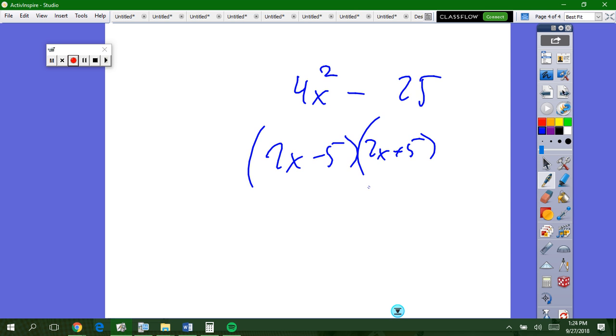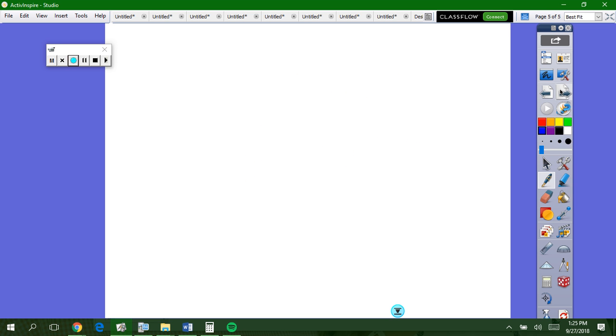All right. The next thing, though, we might want to know for Monday. Does that give you enough input? Okay. So, it's called sum and difference of cubes. This is called a sum of cubes. This is a difference of cubes. Oh, what the heck is that?